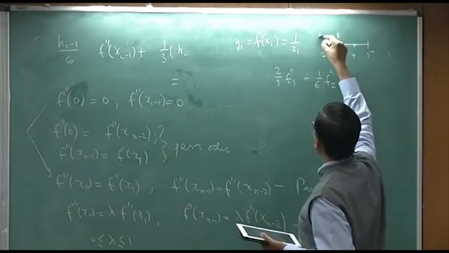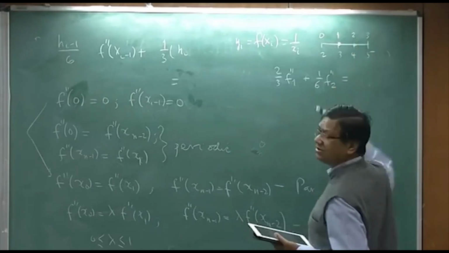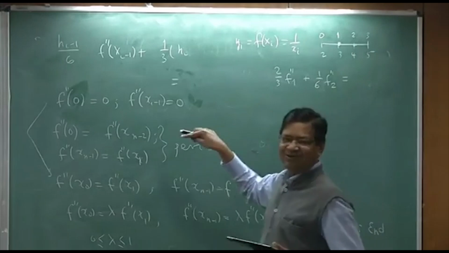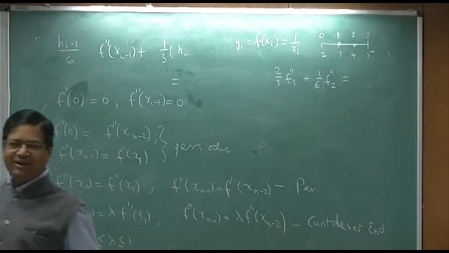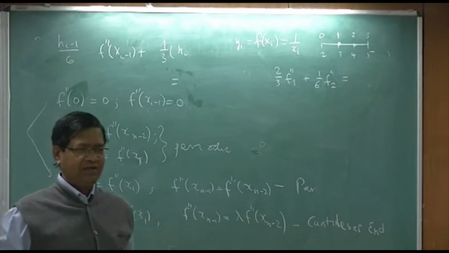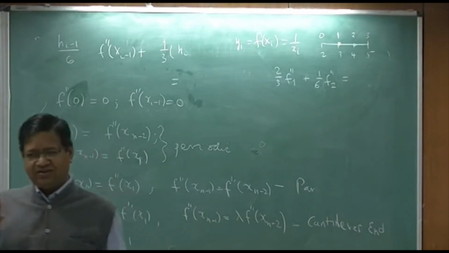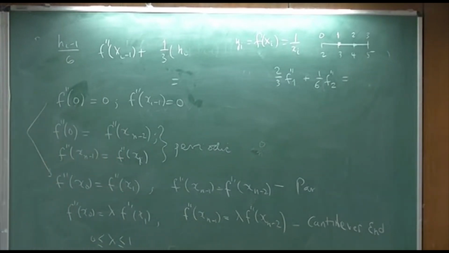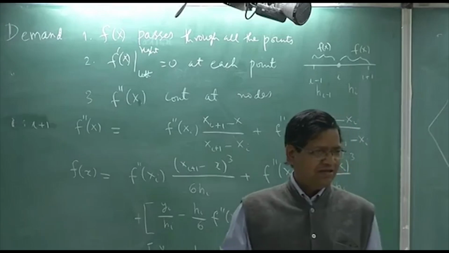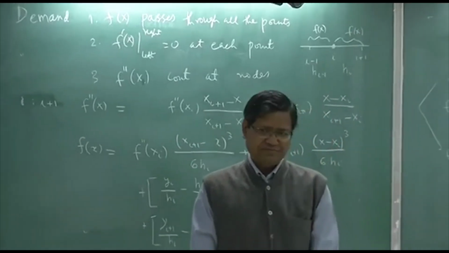So this is point 1, this is 0, equal to the right hand side, that was y_{i+1}, y_{i-1}. So you write it out, you will get 2 equations, because there are 2 intermediate points. Now for the end points, I will say that you use the free boundary condition. Okay, so you'll get all the 4 f double prime values, and from that you construct this f(x) and plot it. And how good does it fit with 1/x? Okay, so that homework is clear.